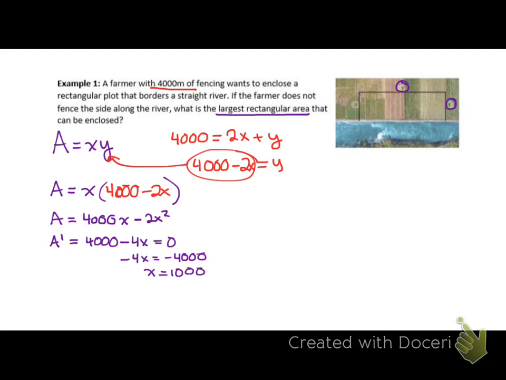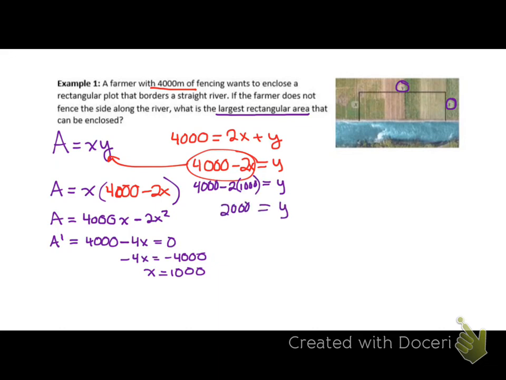Now remember, our job is to answer the question. It says, what is the largest rectangular area? All right, so to find the area, we would need the x and the y to plug it into A. So the y is going to equal 4,000 minus 2 times 1,000, which means y is 2,000.